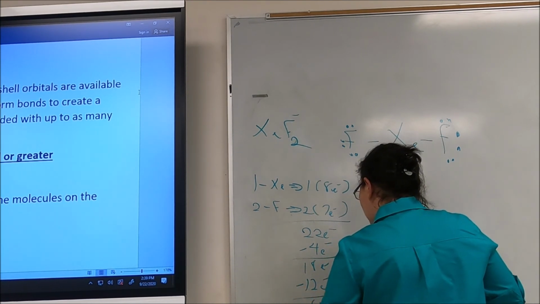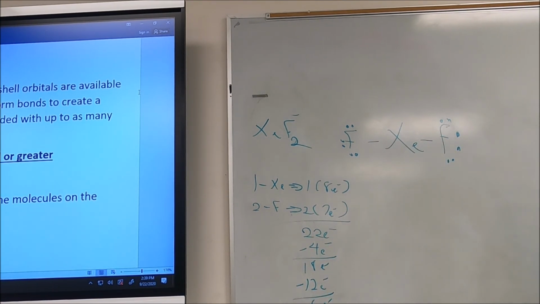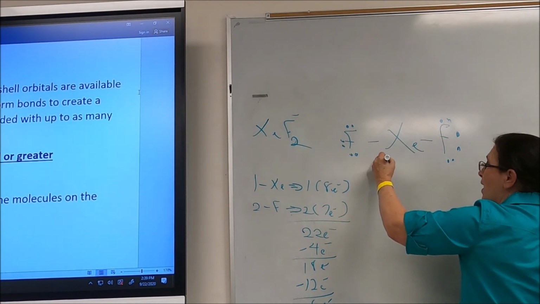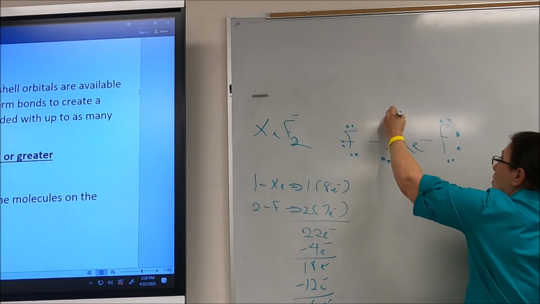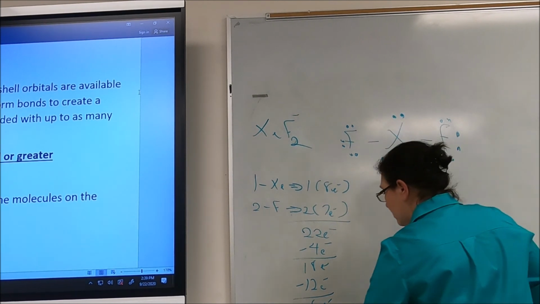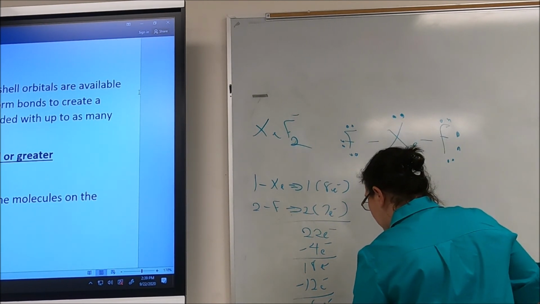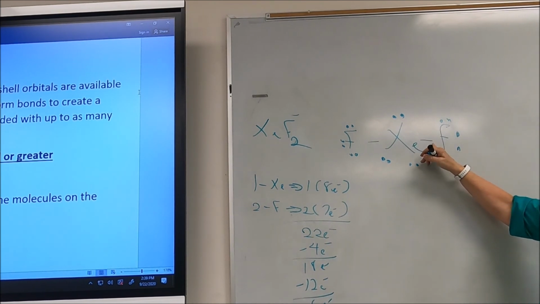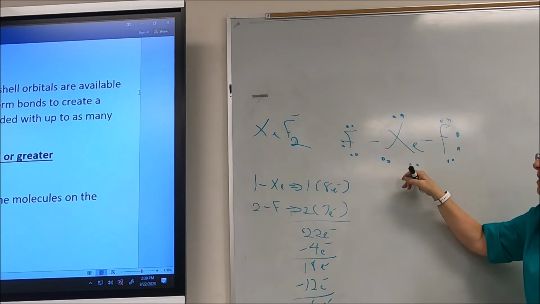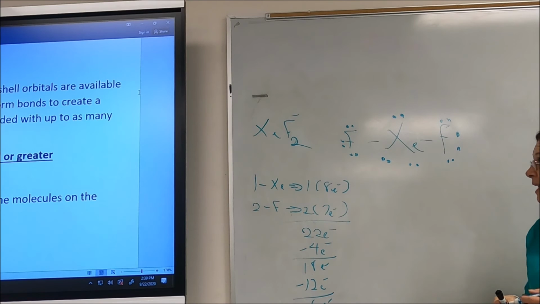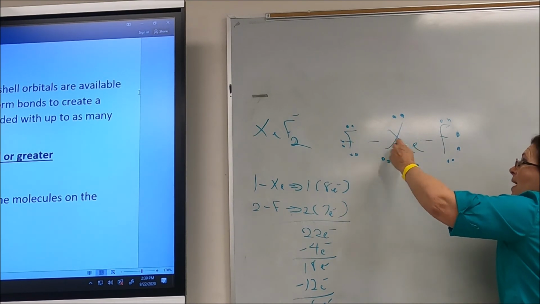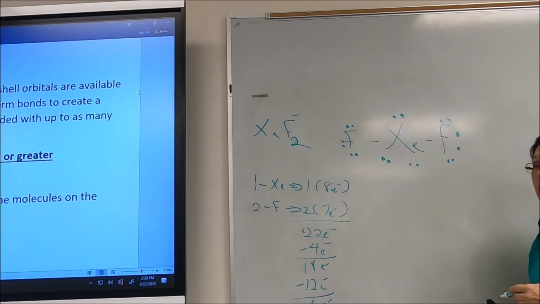I have 6 electrons left. Any electrons that are left at this point go to the central atom as pairs. 2, 4, 6. So xenon sees 2, 4, 6, 8, 10 electrons. It's showing an expanded valence. It's made 2 bonds and it has 3 lone pairs. Okay? So that's another example of an expanded valence.